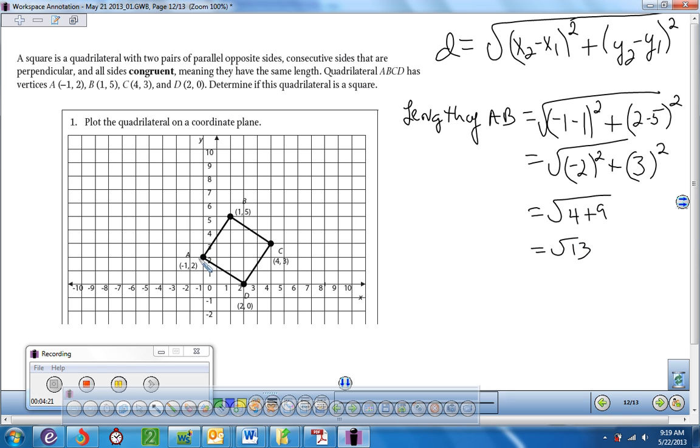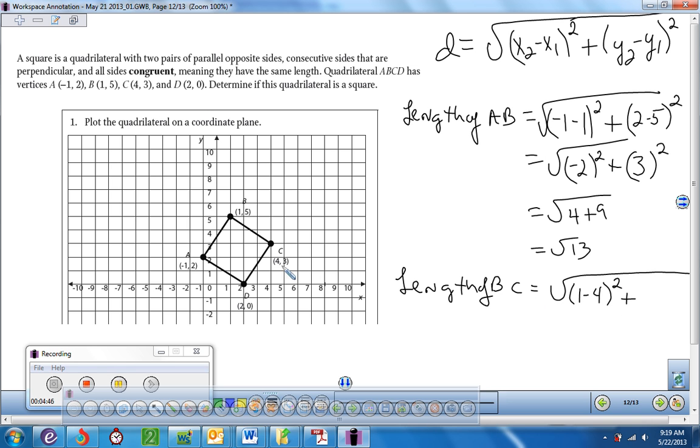Now, for this to be a square, all the other sides have to have the same length. So let's get on and work our way around. We'll go BC. Okay, so we're going to use the same formula. So I'm going to go negative 1 minus 4, square it.